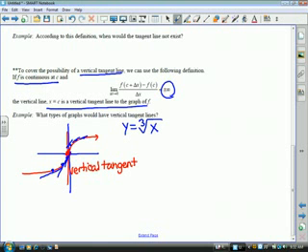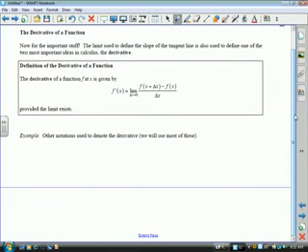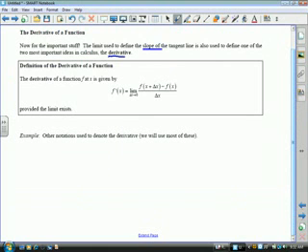Okay, so that's the theory behind the first definition of the derivative. All right. So what happens then is we go from that to saying, well, we're going to use the slope of the tangent to define the derivative.